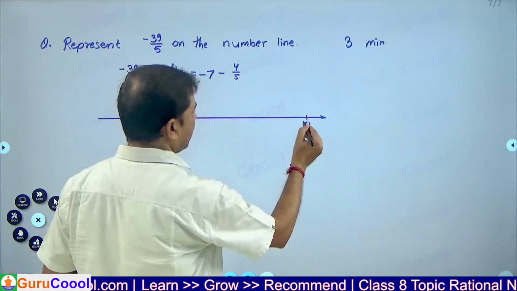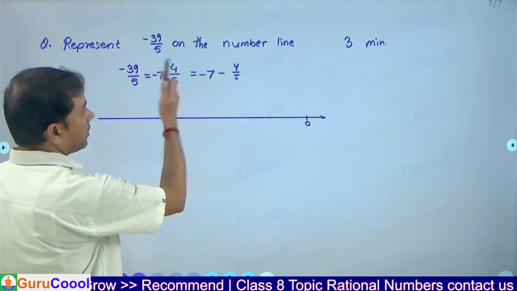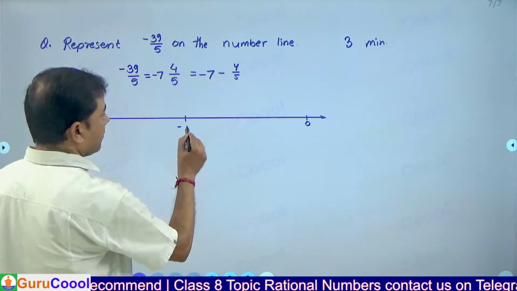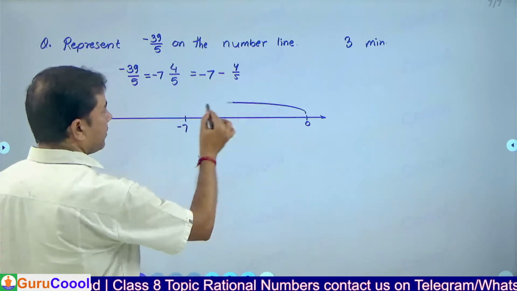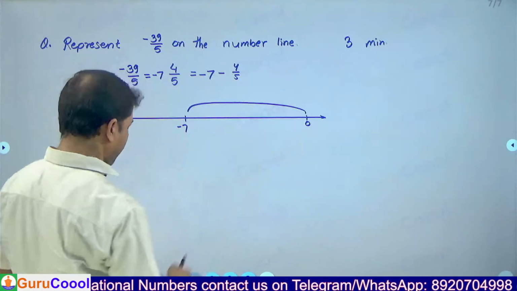Suppose we take 0 here, we have to travel minus 7, that means 7 units on the left side. So 0 to minus 7 is 7 units distance.